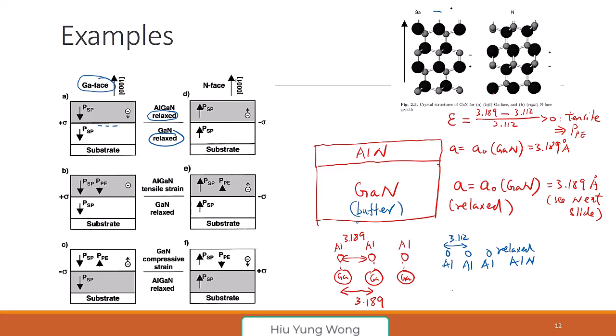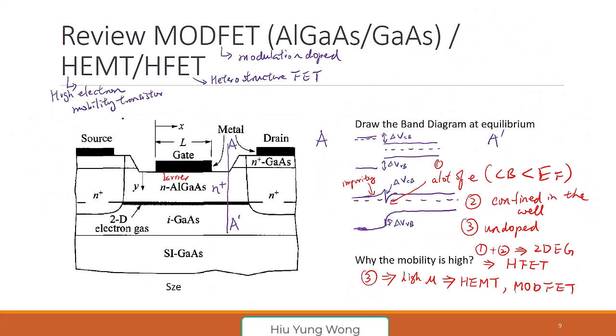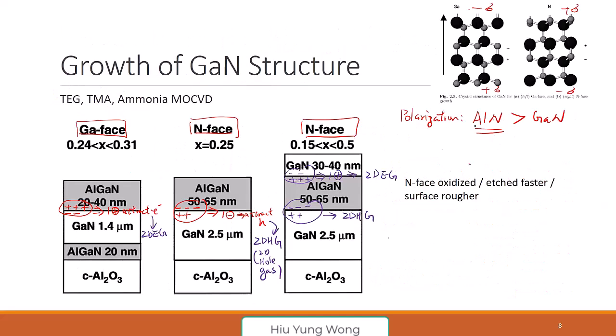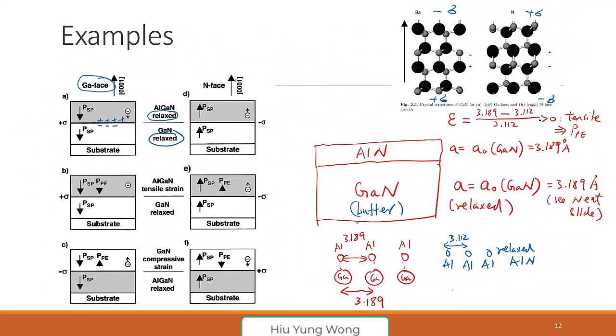Here, negative, positive, positive, negative, on the top right figure. For aluminum gallium nitride, I have 1, 2, 3, 4, because it is larger, right? Polarization of aluminum nitride is more than gallium nitride, just like what we discussed here. So overall, this gives me a positive polarization charge, and because of this, it's going to induce two-dimensional electron gas.